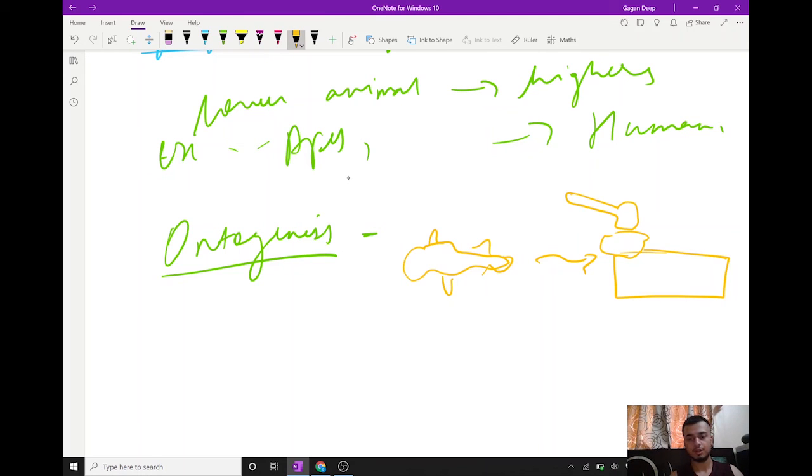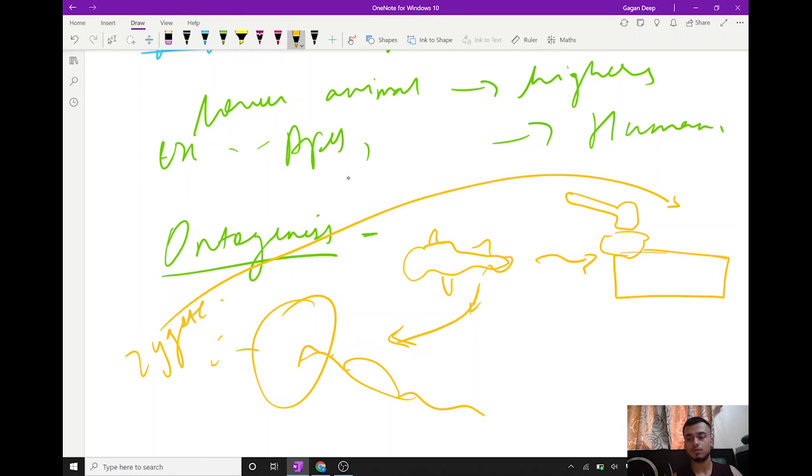I drew the baby a little wrong. Ontogenesis starts way earlier, before becoming a baby, when an egg and a sperm fertilize successfully and the zygote is formed.